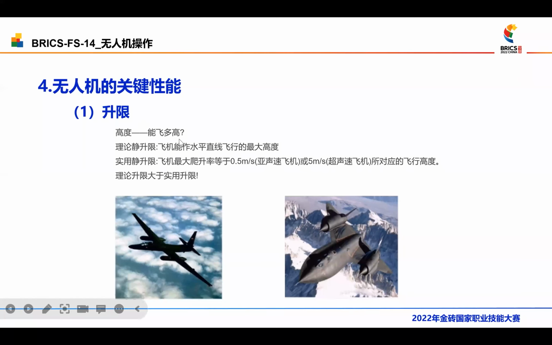How high can this UAV fly? There are two: one is the theoretical ceiling, and one is the practical ceiling. Here comes the key performance of the UAV. Firstly is the ceiling, the maximum height. How high can a UAV fly? Theoretically, the static ceiling refers to the maximum altitude at which an aircraft can make a horizontal straight flight.